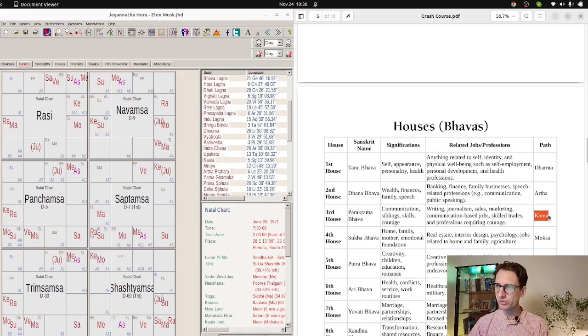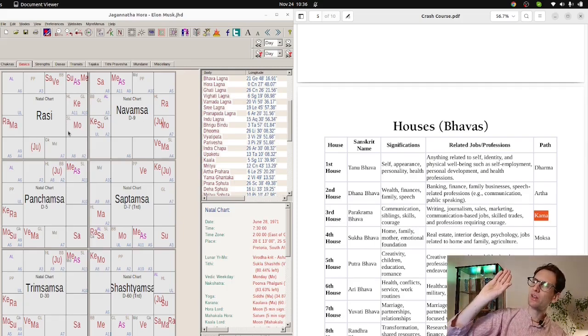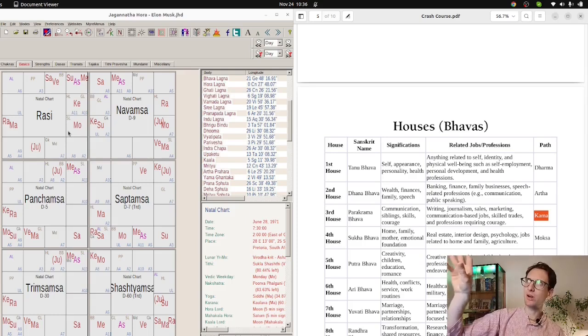This is a karma house. So his self is very much the pursuit of fulfilling desires. So he definitely is very ambitious in the sense of, I want to achieve this, I'm going to do it. I want this and I make it happen.